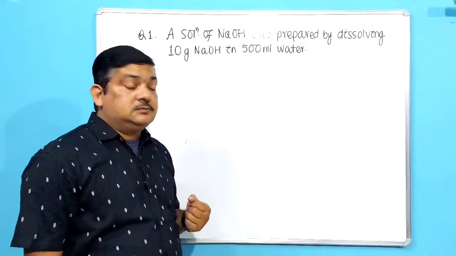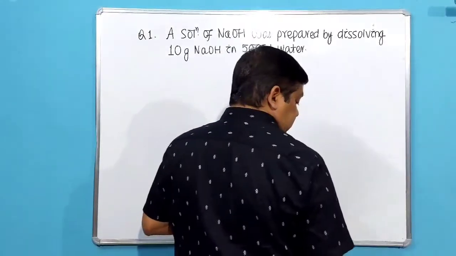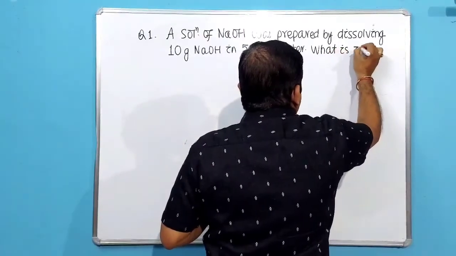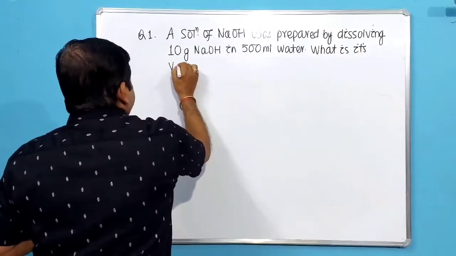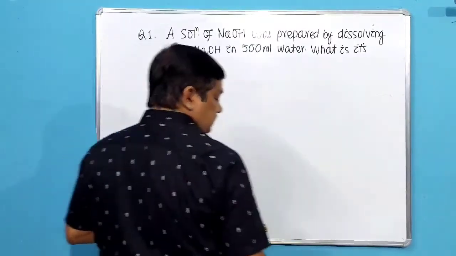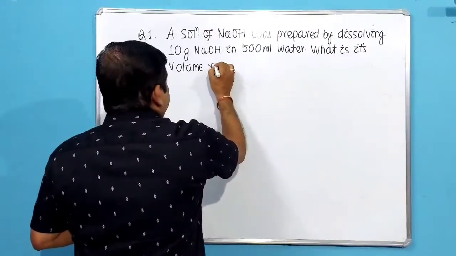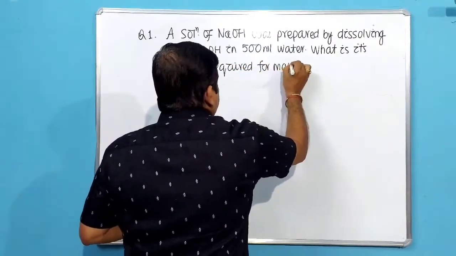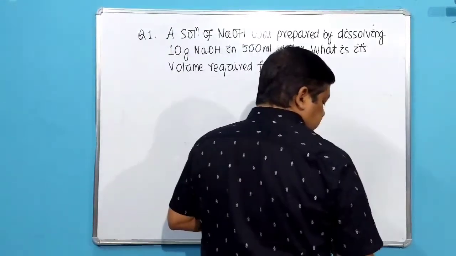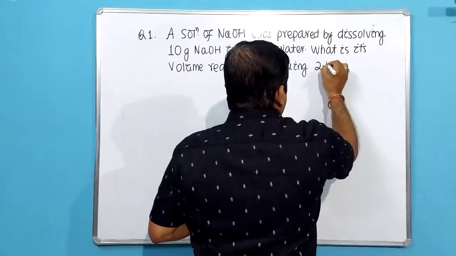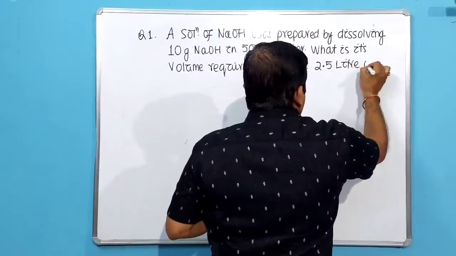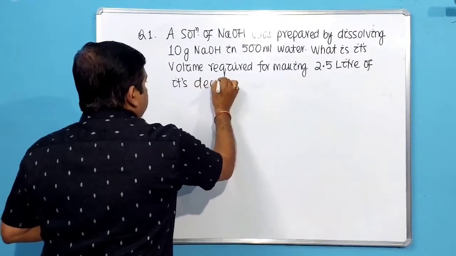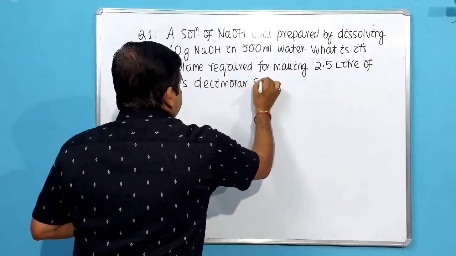So we can easily calculate its molarity. Okay. So the question is, what is its volume required for making 2.5 liter of its decimolar solution?